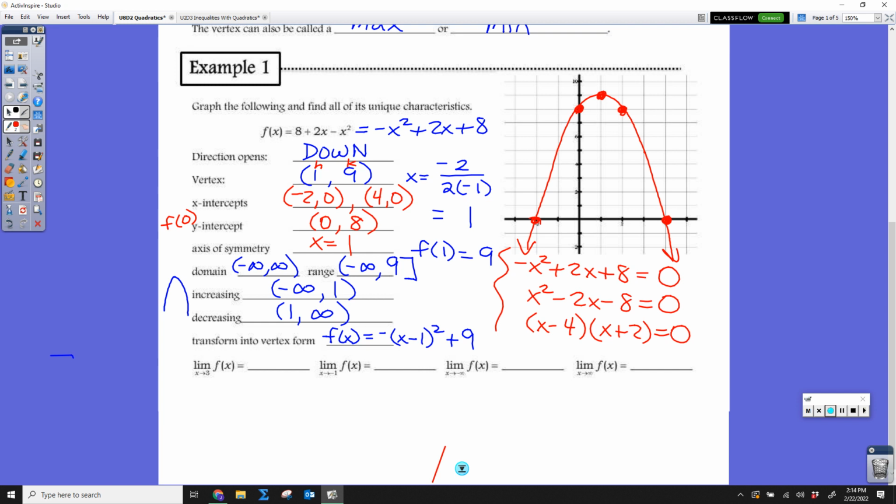Plug 3 into the equation. Everybody hear that? To evaluate a limit, unless there's something weird going on, like some type of weird division, which is nothing, it's just a nice polynomial, just plug it in. Okay, so if you plug in 3 for the x's, do all that work, we're going to get 5. So the limit as x approaches 3 is 5. It looks somewhat close over there. All right? What if we said the limit as x approaches negative 1? It's also going to give us 5.